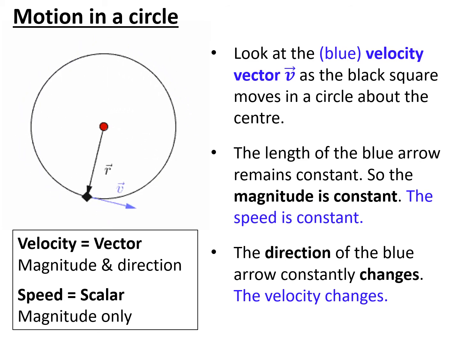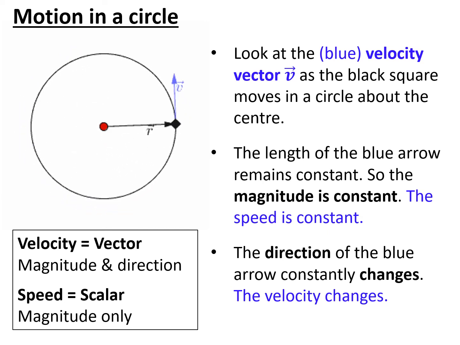So look at the blue arrow. You'll notice that the length of it doesn't change, and that's because speed is a scalar. It only has magnitude. And magnitude is represented by the length of the arrow. That doesn't change. So it whizzes around with a constant speed.